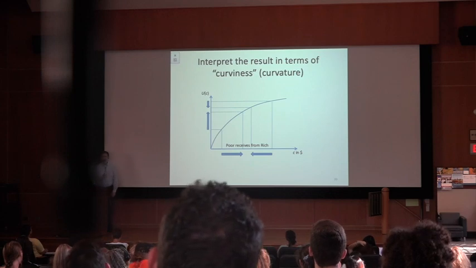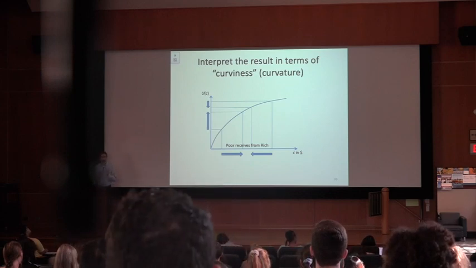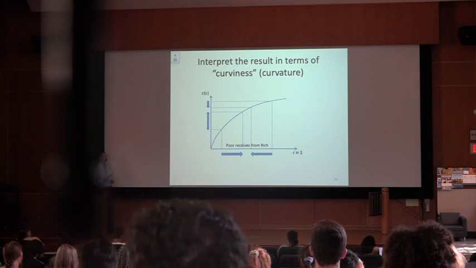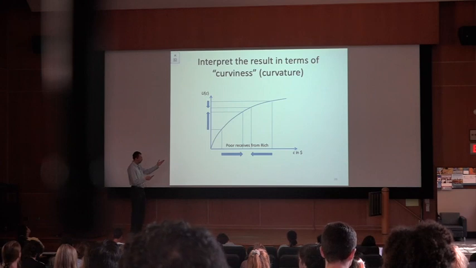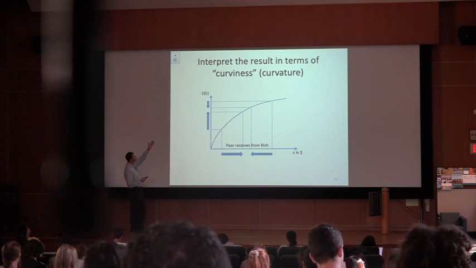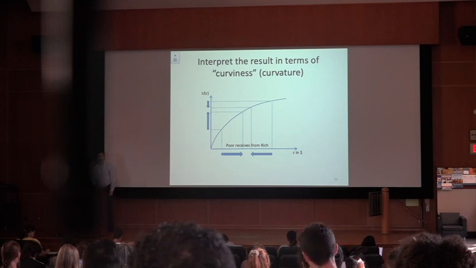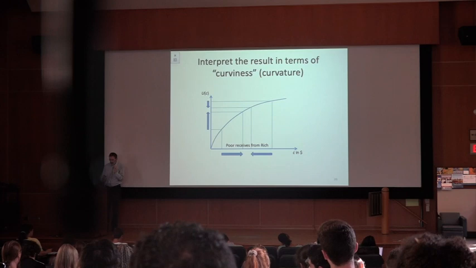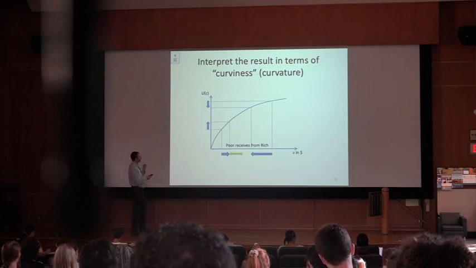How can we use these results to calibrate the curviness, the curvature of the curve? Well, this is the example. You have a poor person who receives from a rich person, and you have a greater gain in utility when there is no cost. And so for this particular curviness, you can try to find out at what level of cost of leak you start saying that this is a good transfer.